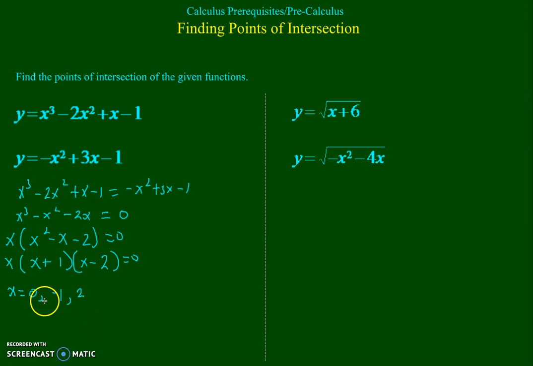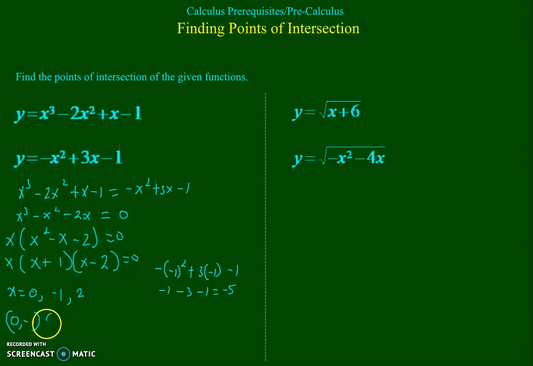Then we can put these values inside here, and when we put a 0 in for this, let's say that's 0 plus 0 minus 1. This first point is going to be 0, negative 1. Then we do the same thing for negative 1, put it in for this. So we have a negative 1 squared plus 3 times negative 1 minus 1. That gives us negative 1 minus 3 minus 1, which is negative 5.